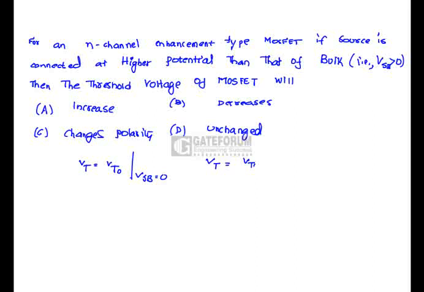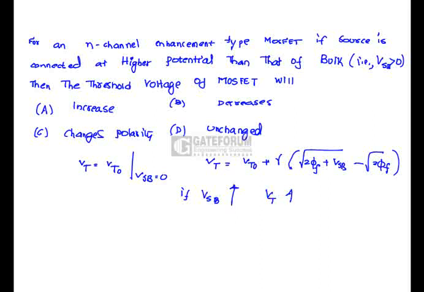That is Vt naught plus a body effect parameter under root surface potential 2 phi f and VSB minus 2 phi f. So in that case, if VSB increases, threshold voltage increases. That is, option A is correct.